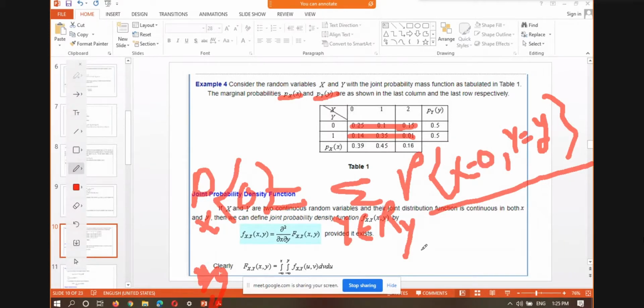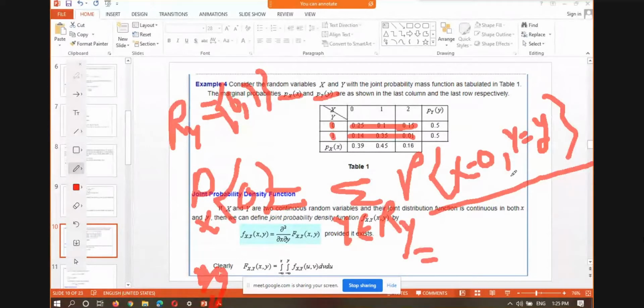That means I have to add all the probabilities, and y is taking how many values? Ry has these two values. Here in this particular example, Ry has only 0 and 1. These are the two values taken by y. So one time y is 0 and the second time it is 1.